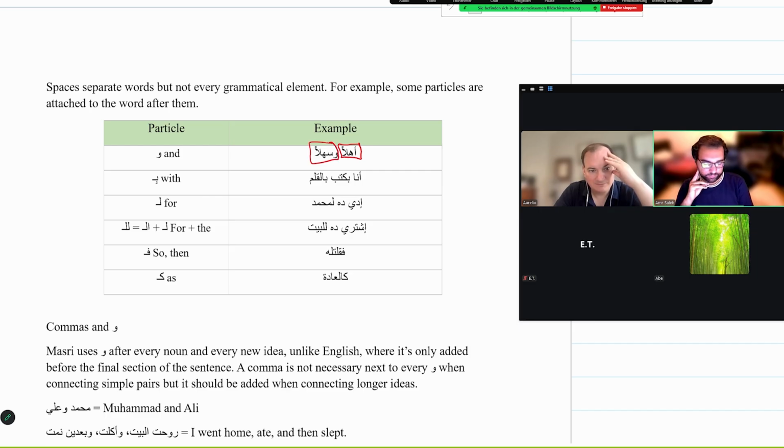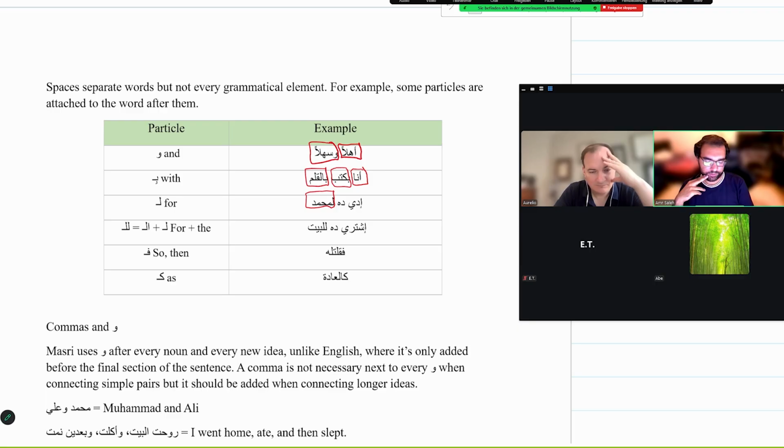Same thing with ba. So ana, baktib, that's another word. Bil alam, that's a block next to it altogether. Same thing with le, which means for. So edi da Muhammad, give this to Muhammad. So the L is really part of the word.